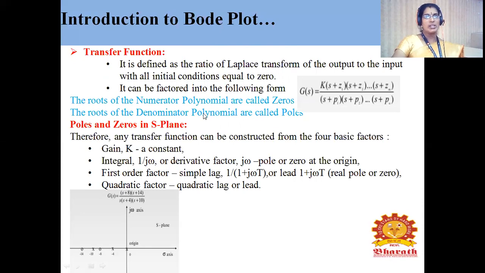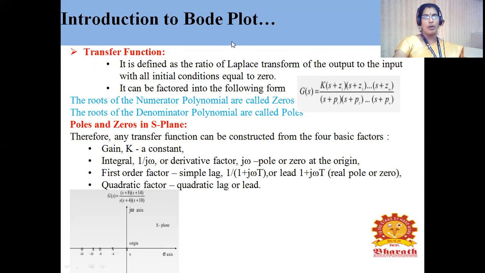Okay, so what is a transfer function? It is defined as the ratio of the Laplace transform of the output to the input with all initial conditions equal to 0. It can be factorized in the following form I have given here. As we all know, the numerator polynomial represents the zeros and the denominator polynomial represents the poles.